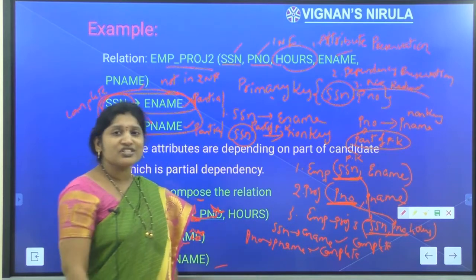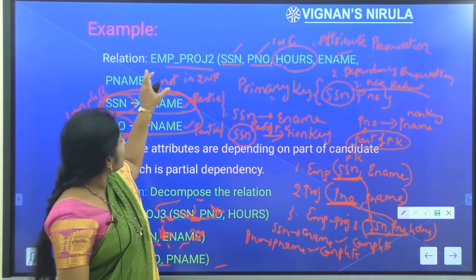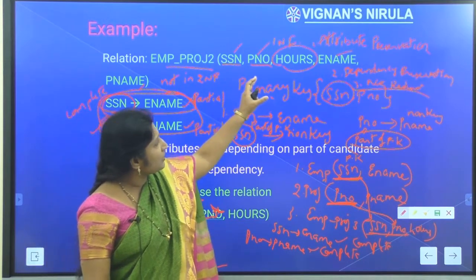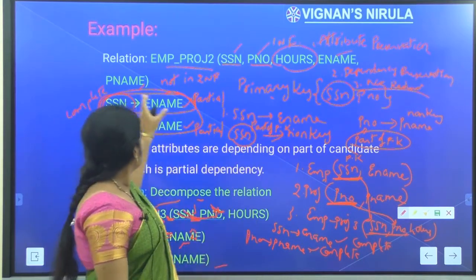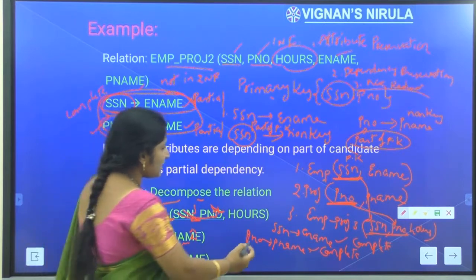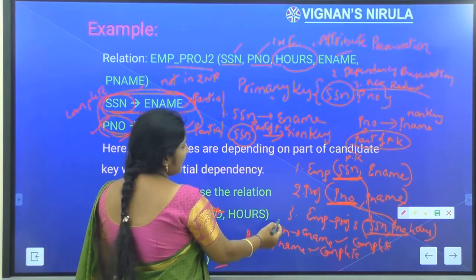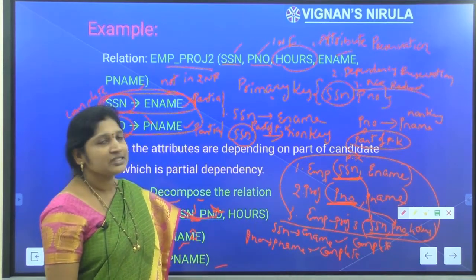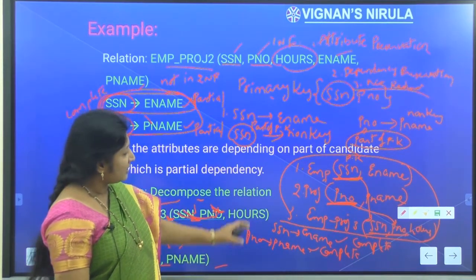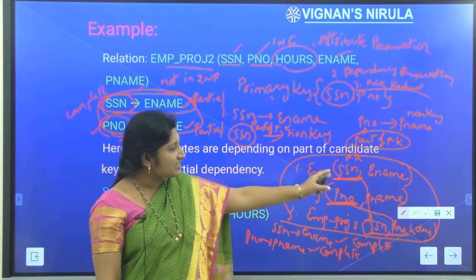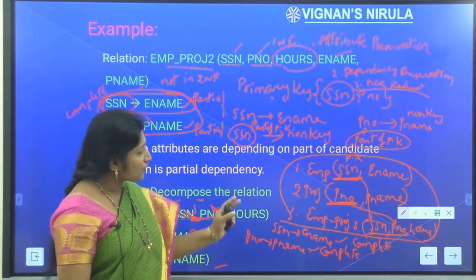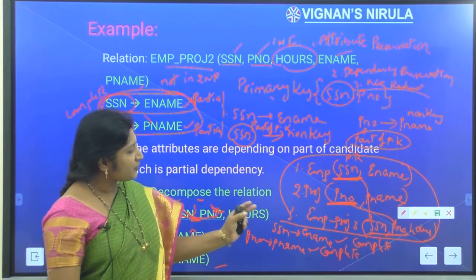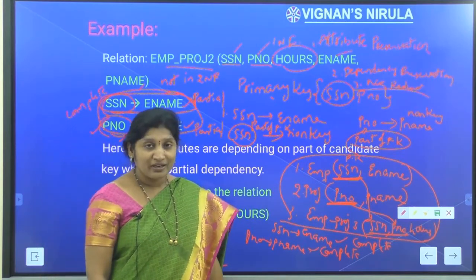So the decomposition is good. The given table employee project 2, consisting of the attributes SSN, P number, hours, E name, P name, has been divided into 3 subtables: the first table with SSN and E name, the second table with P number and P name, and SSN, P number and hours in the third table.